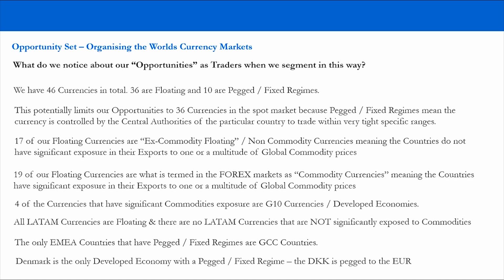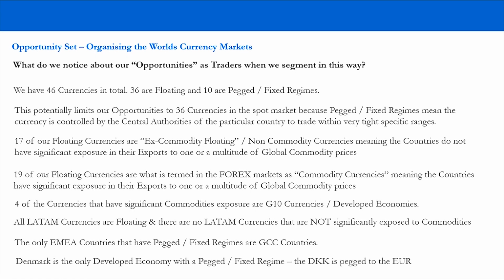So what we find is that out of these 36 potential opportunities, 17 of these opportunities are floating currencies that are ex-commodity floating. So they're non-commodity currencies, meaning the countries don't have significant exposure in their exports to one or a multitude of global commodity prices. 19 of the floating currencies, 19 of these opportunities, are what we term as commodity currencies.